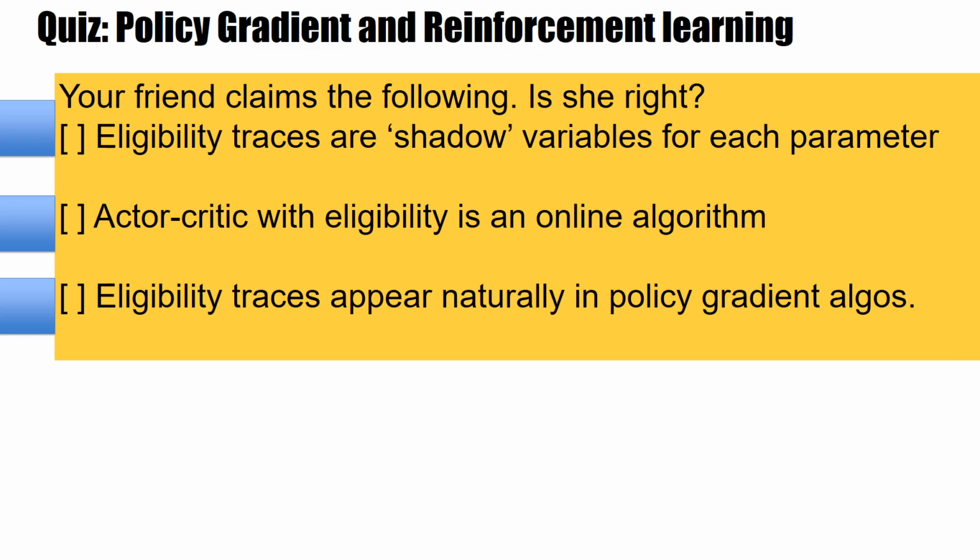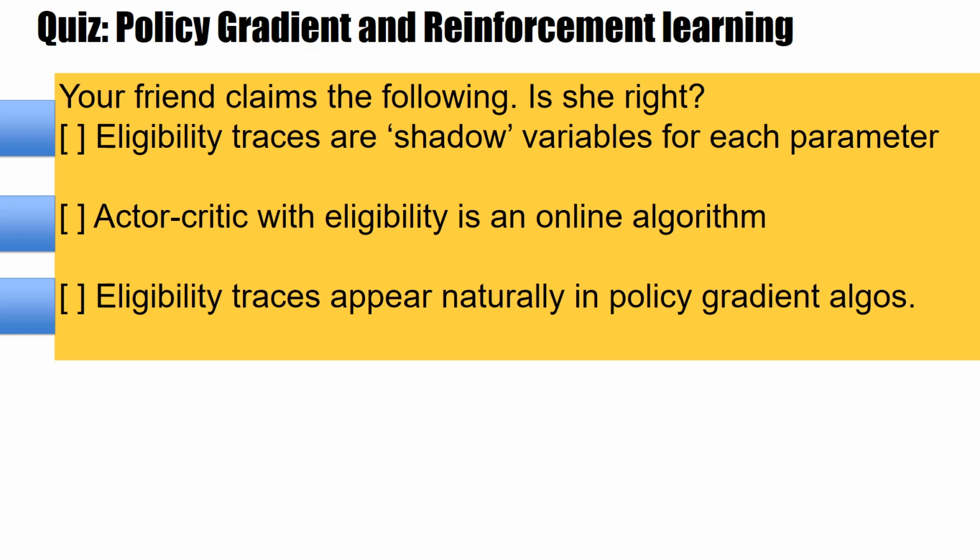So this is the essence of the algorithm. This is now actor-critic with eligibility traces, and let's just finish with a little quiz. Your friend claims the following. Is she right? First claim, eligibility traces are shadow variables for each parameter. That means if you have 2000 parameters in the networks, then I have another 2000 eligibility traces that have to be kept and updated online.